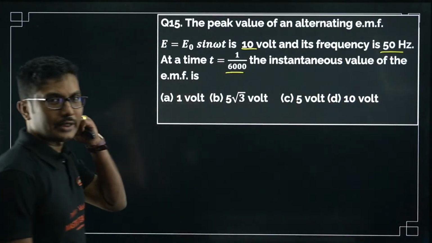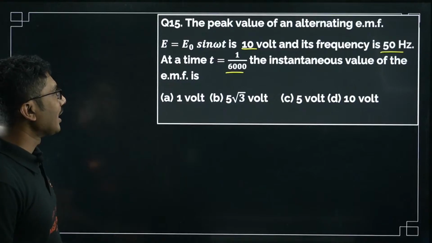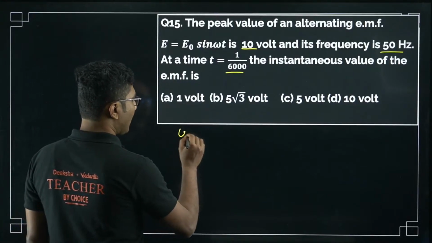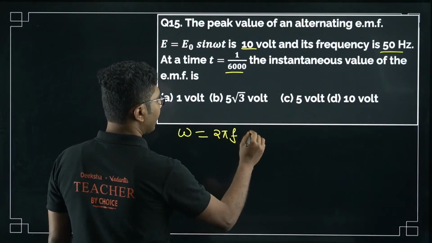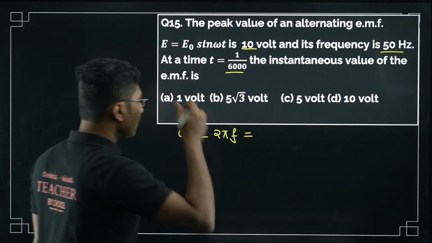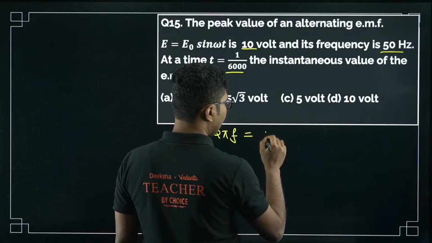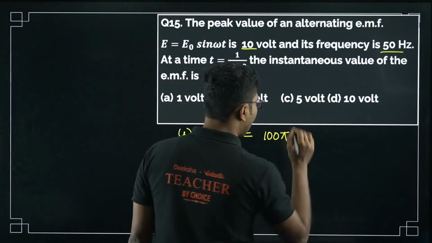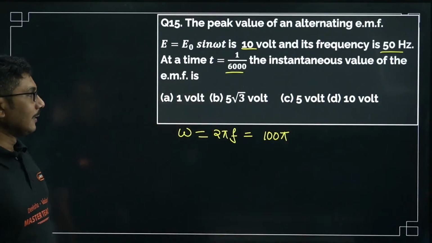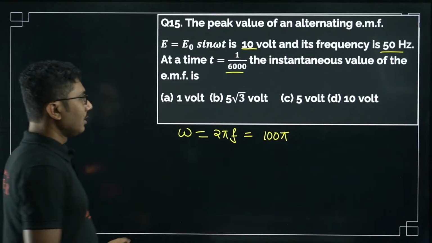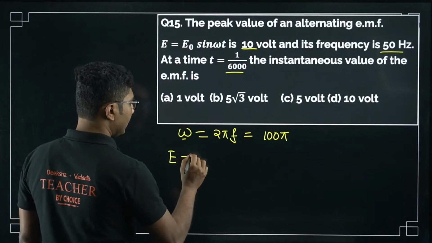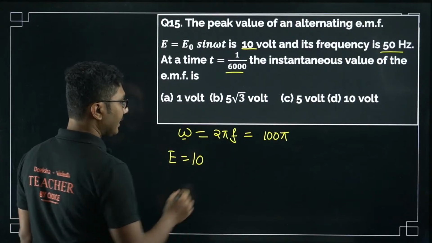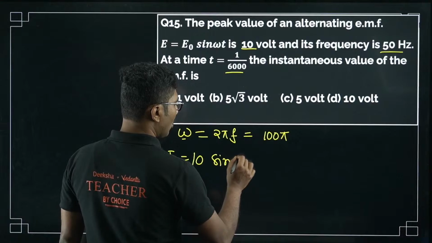So how to calculate that? First of all, we have to find omega. Omega is basically 2 pi f, right? F is given as 50 hertz, so it will be 100 pi. Sorry, 100 pi will be the angular frequency. Now we have to calculate E equals E naught, 10, sine omega t.